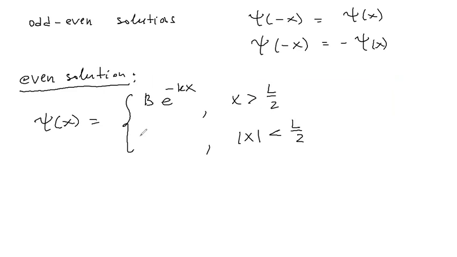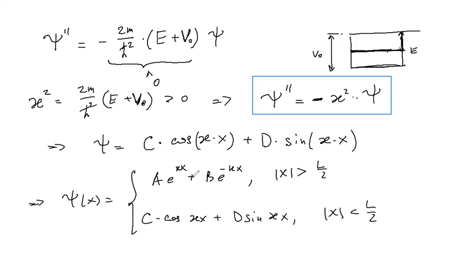So then it was coefficient C cos kappa x. And for x less than L over 2, this would be on the left side. I would pick the same coefficient B because it should be symmetric. But my exponent should go to 0 when x goes to negative infinity. So which of these two would you keep for large negative values? I would keep the first one.